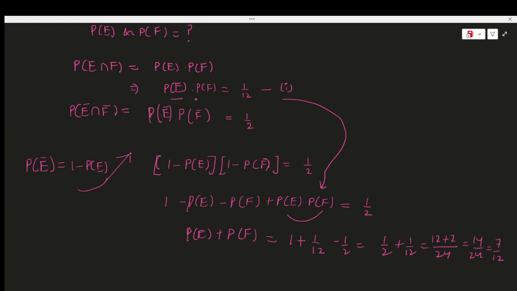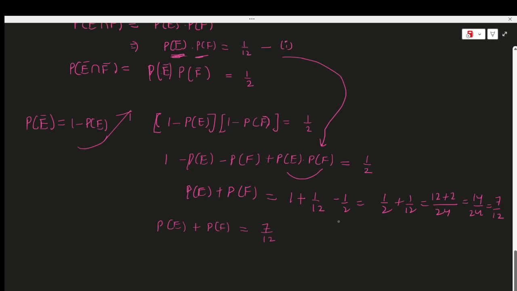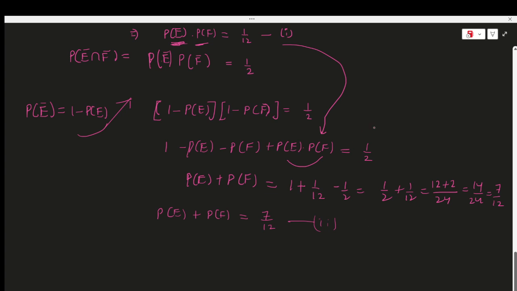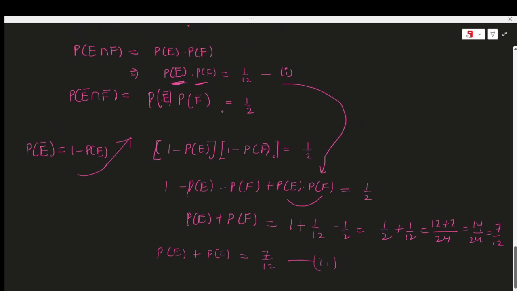Now we have this first equation which says that probability of E times probability of F will be 1 by 12. And here we have the second equation which says that probability of E plus probability of F is 7 by 12. So we can just solve these two equations and get the values.